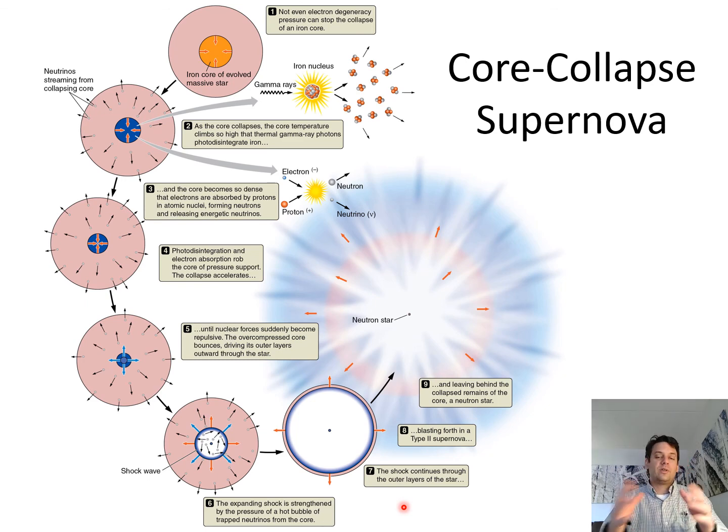Z represents the atomic number. So in other words, all of the neon, the silicon, the sulfur, the oxygen, the iron, all of these nuclei that were produced during the star's lifetime are now sent flying out into the interstellar medium.